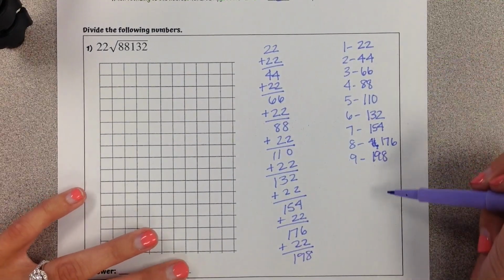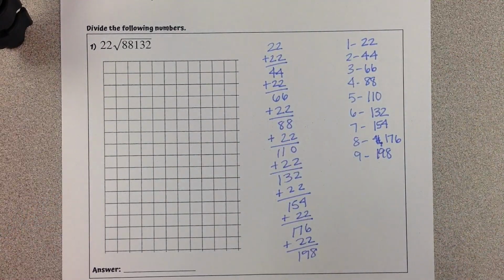So we should have 9 multiples here that we can use in our division process.